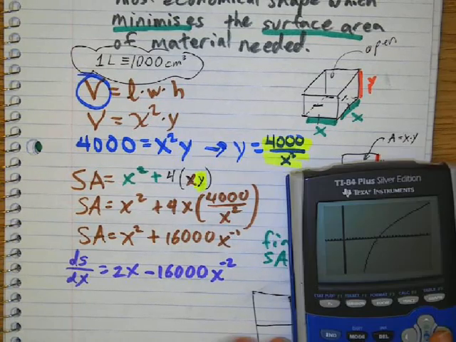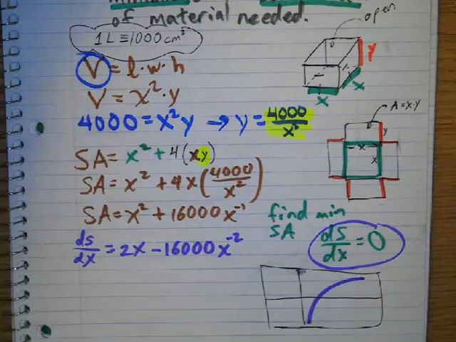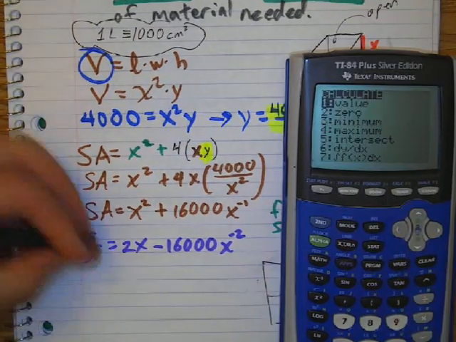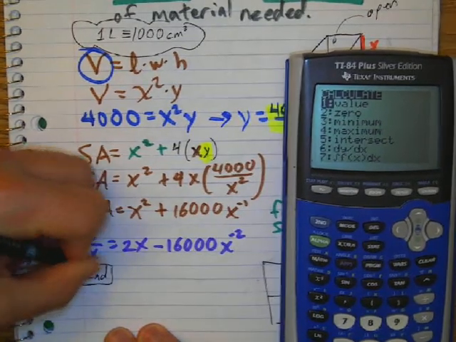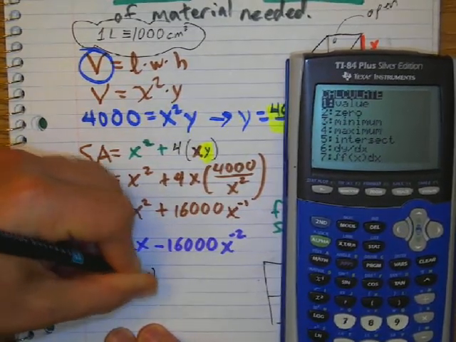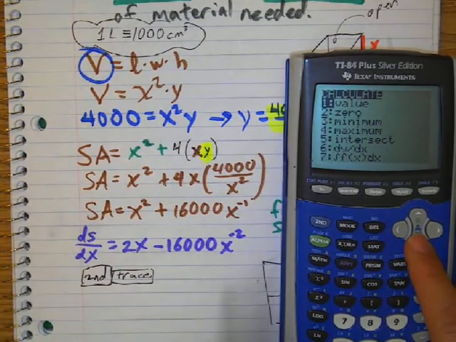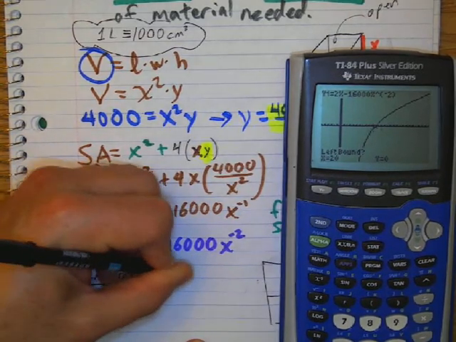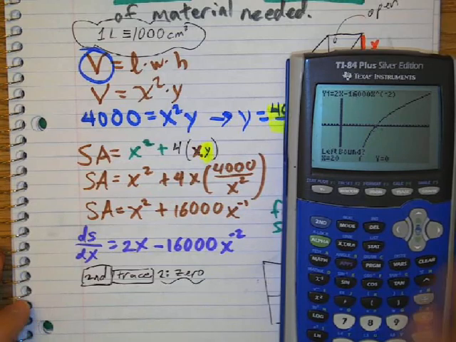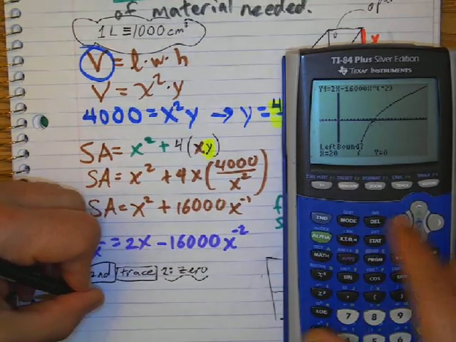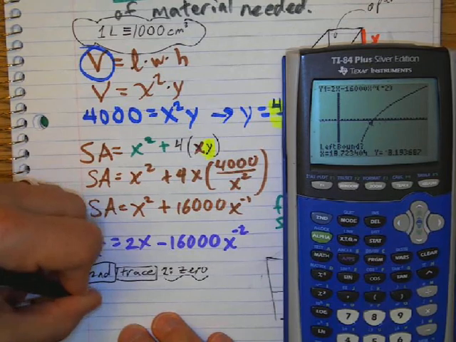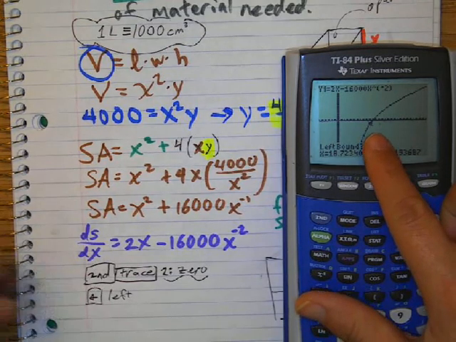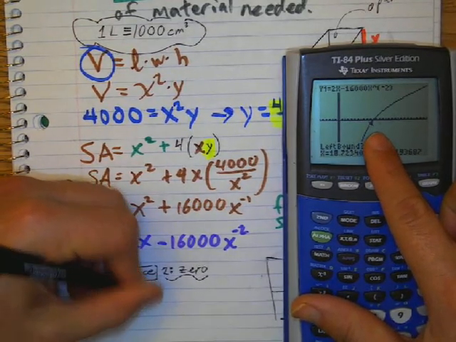Now, we want to find where it intersects right here, the 0. So to find the 0, I hit second trace. And then I'm going to hit 2 for 0. And then it says left bound, so I hit the left arrow till I get left of the intersection here, and I hit enter.